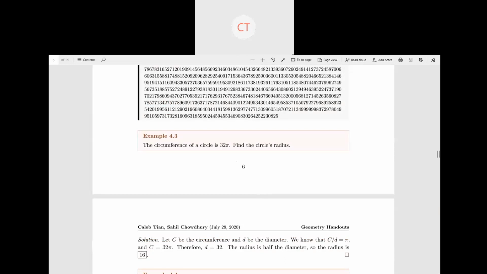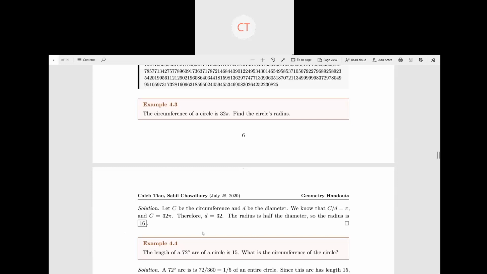If you do have any ideas, post in chat. I encourage you guys to try drawing it and see what you can do.